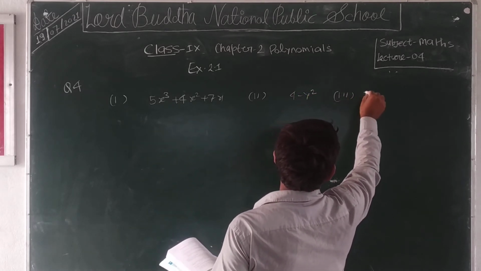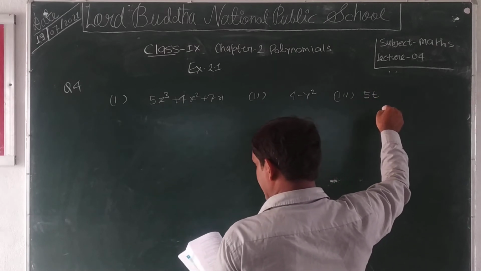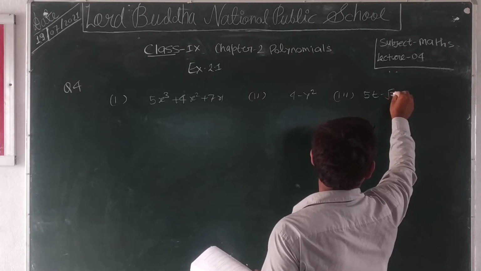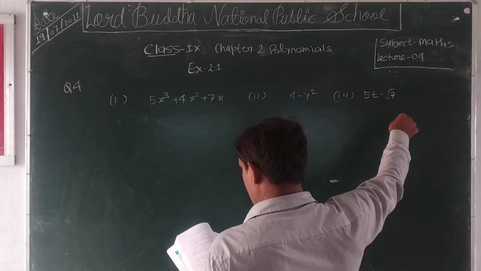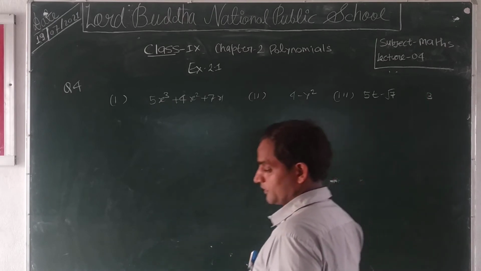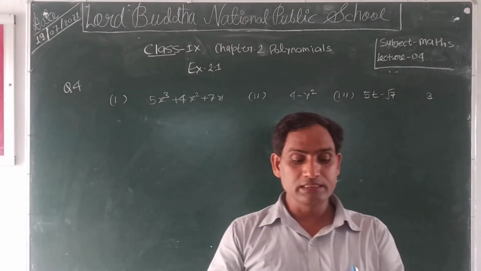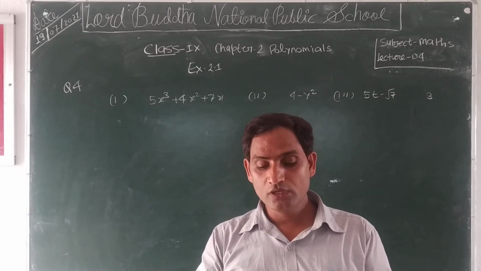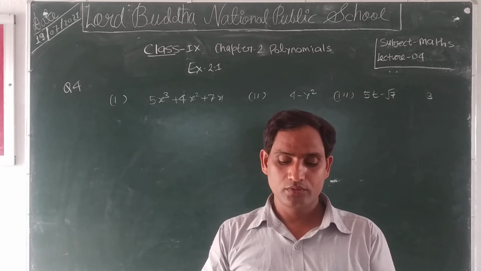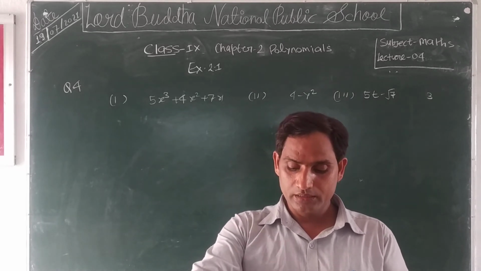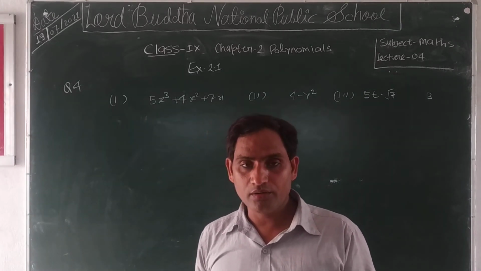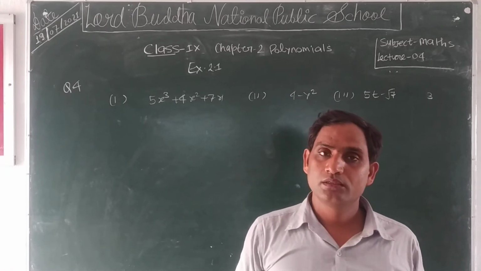Third part is 5t minus root 7, and the last part is 3. Clear? We have to find out the degree of all the given polynomials.